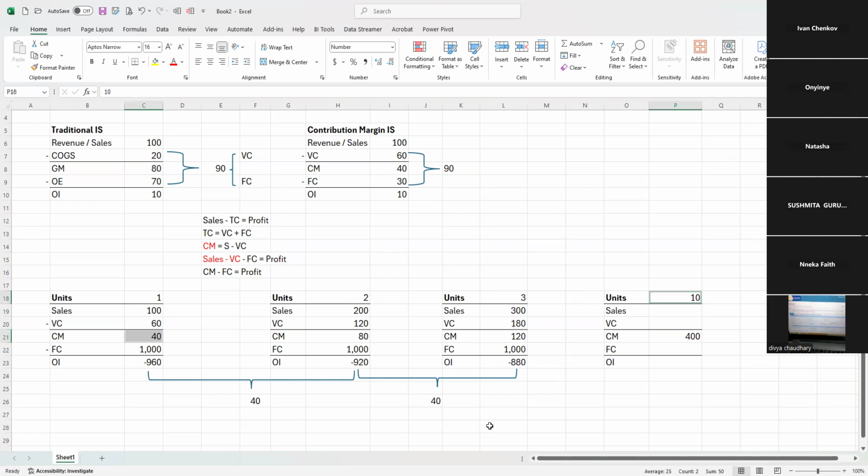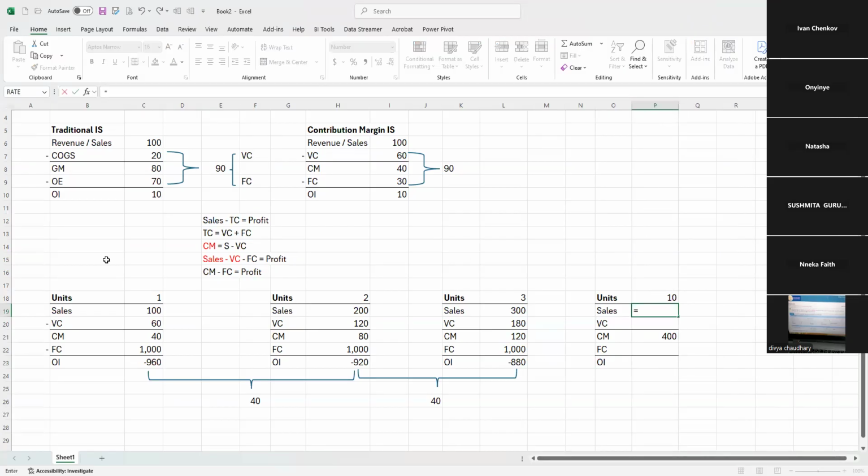Make sense? Yes. So let's see if that's true, because some of you might say that's total nonsense. We just have to do the calculation. 100 times 10, how much is it going to be? 1,000. Then 60 times 10, 600.